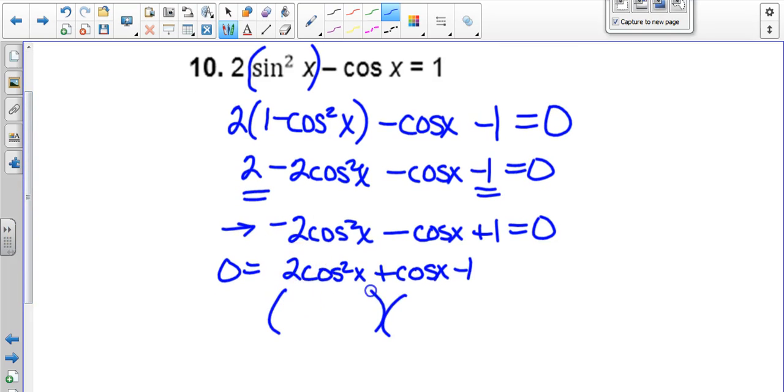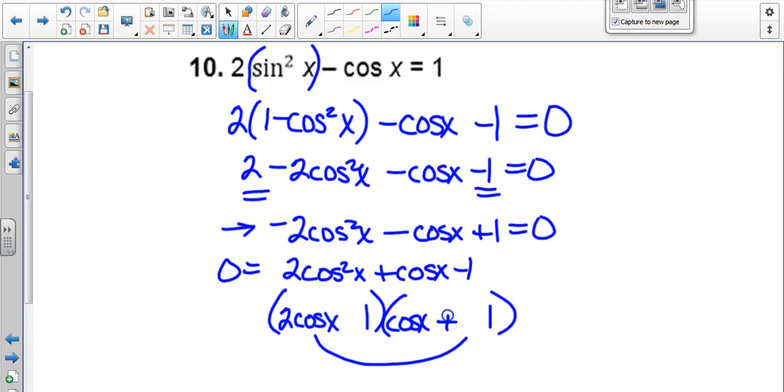All right, so what will multiply to make 2 cosine squared? 2 cosine times a cosine. I need a plus 1 and a minus 1. Be careful. I need a plus 1 in here, so I need that one to be plus and this one to be minus. Everybody okay?